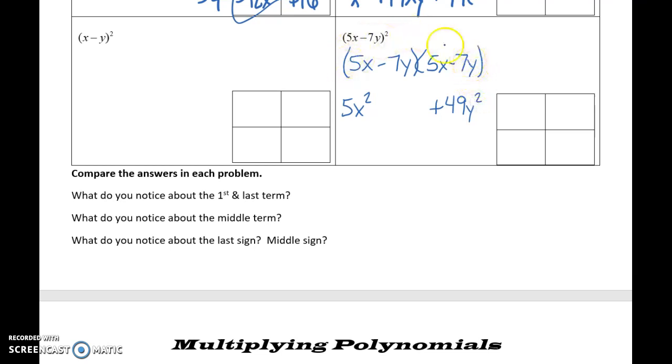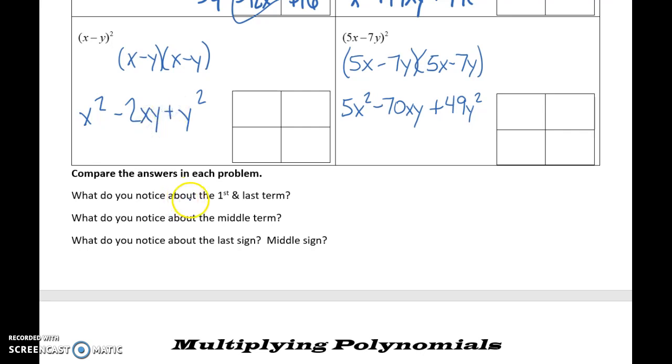And then your middle term, these two together are negative 35xy. These are also going to be negative 35xy, so that is negative 70xy. Okay, so this one is going to be x squared at the beginning, y squared. And like I said, I almost have to write them out twice to think through this. On the outside is negative xy, on the inside is negative xy, so that's negative 2xy.